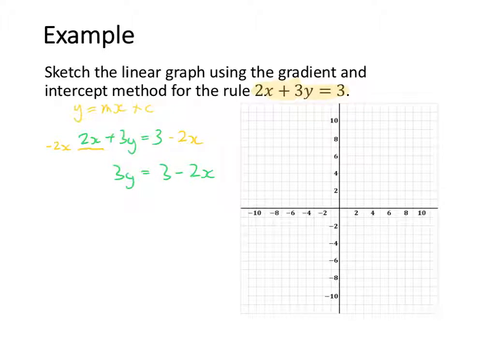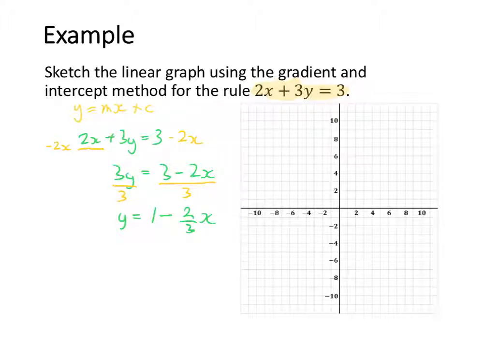The next step to get y by itself is to divide 3y by 3. What I do to the left-hand side, I've got to do to the right-hand side. So that then becomes y is equal to 1 subtract 2 over 3x.